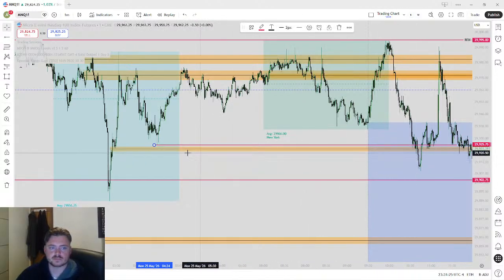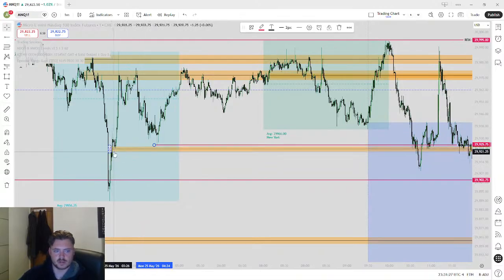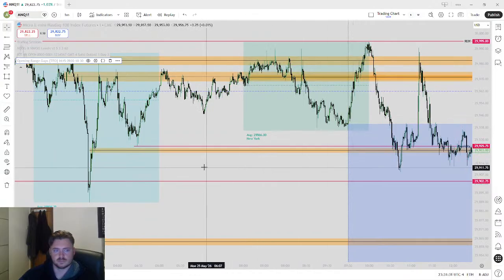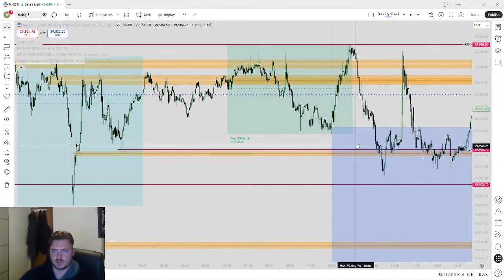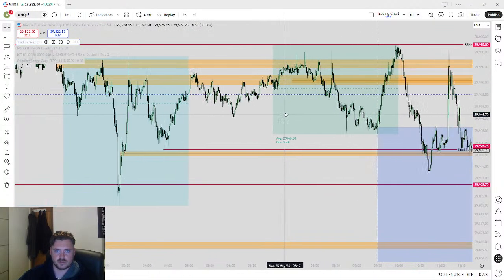Liquidity. You've also got that key fair value gap that was utilised. And again, you've got this one down here as well. That was utilised again. And you're looking here. Let me just.